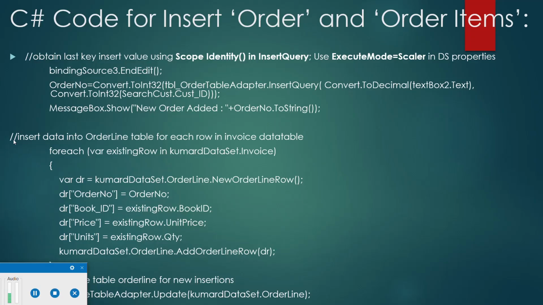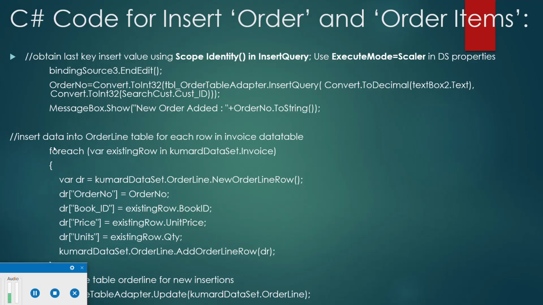You can do it the other way as well, but we can simply use the add order line row method for inserting the values into this. So all we do is use the dataset object, and we can create a new order line row method. So let's look at this code.